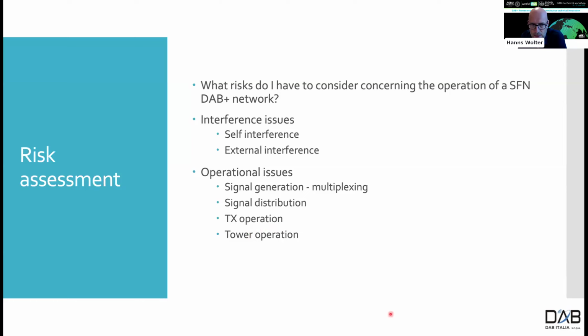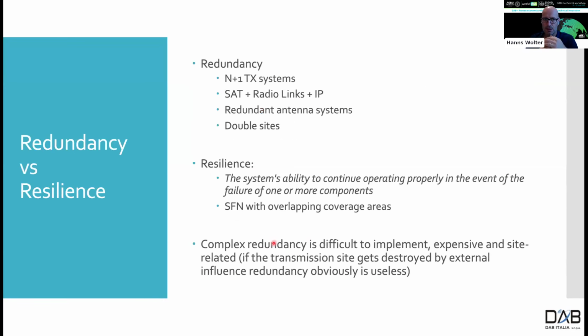And of course, when you run your DAB network, you have to manage the signal generation, the multiplexing, the signal distribution, and TX operation and tower operation. In this context, when we talk about resilience, we will just look into the last two options: the transmitter operation and the tower operation, which are intrinsically connected. Just to make things a little clearer, what is redundancy?